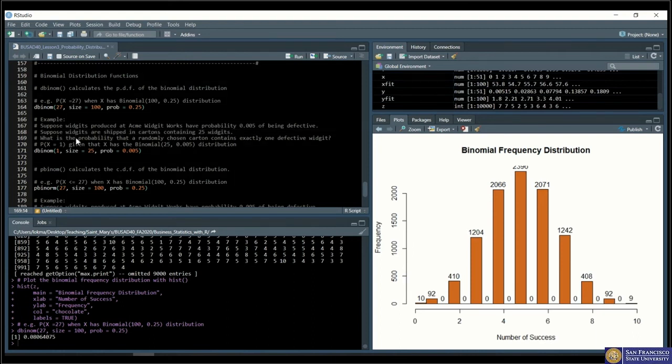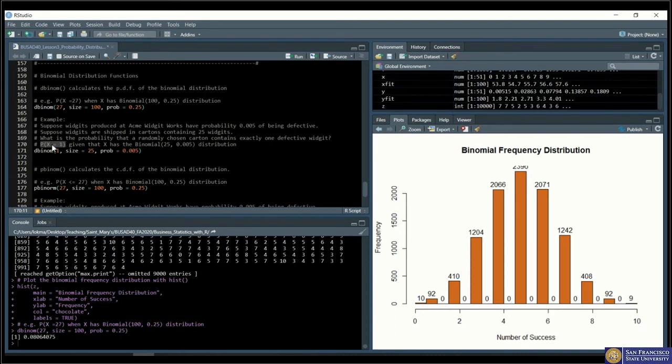What is the probability that, randomly choosing some of these widgets, we find only one defective? So the question we're asking is, what is the probability that the number of successes, and in this case finding a defect is a success, is exactly equal to 1?